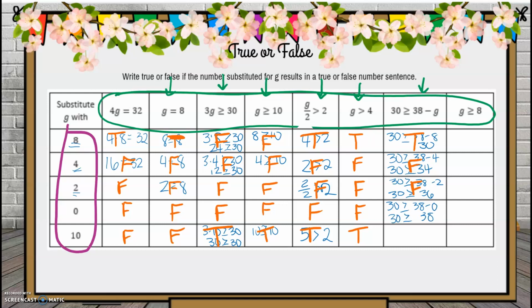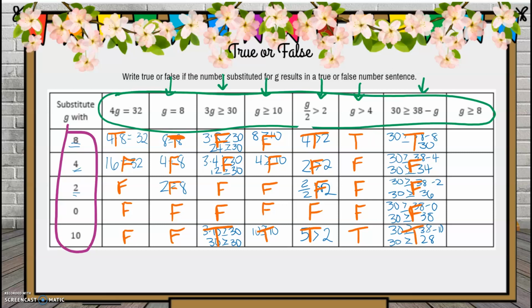So is 30 greater than or equal to 38? Nope, that is false. And then that last one is 30 greater than or equal to 38 minus 10. 38 minus 10 is 28. And 30 actually is greater than or equal to 28 because 30 is bigger than 28. So that last one is true.